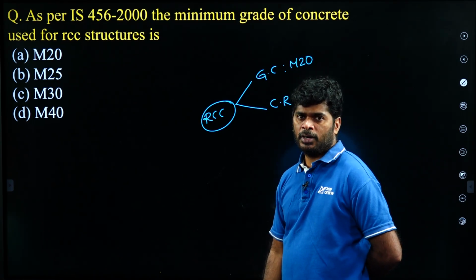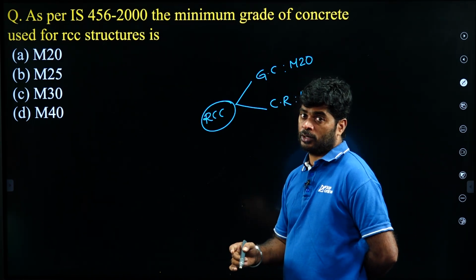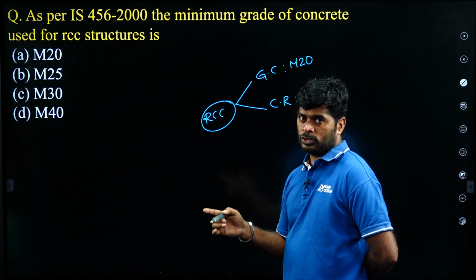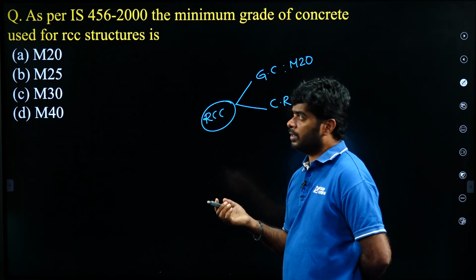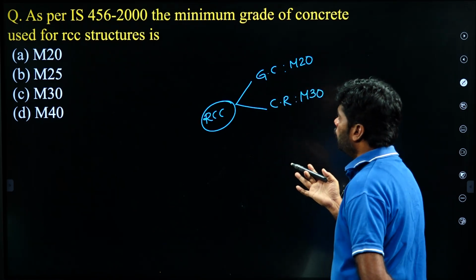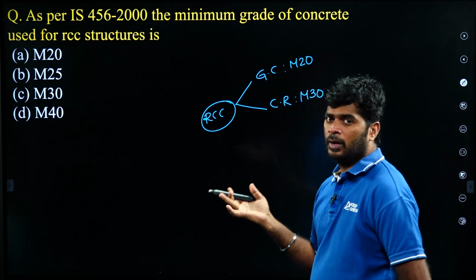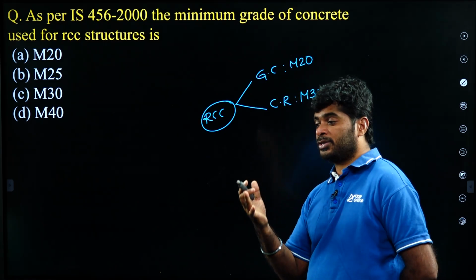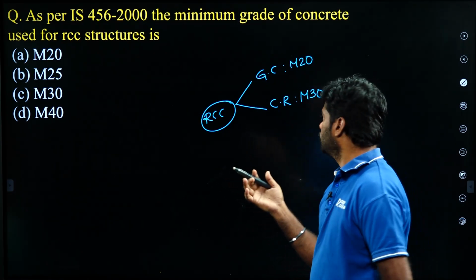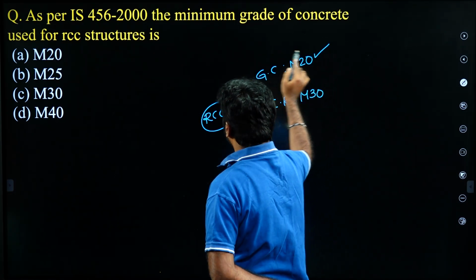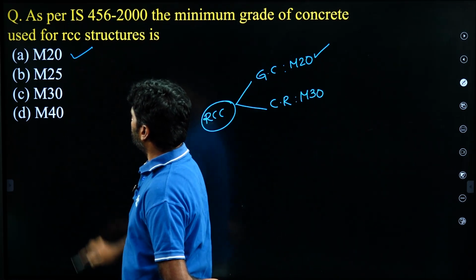You check in the question whether coastal region is given, or they are simply asking minimum grade of concrete. If nowhere it is mentioned that it is a coastal region or a structure subjected to sea spray, like that, not mentioned anything, so take it M20. M20 is the minimum grade of concrete.